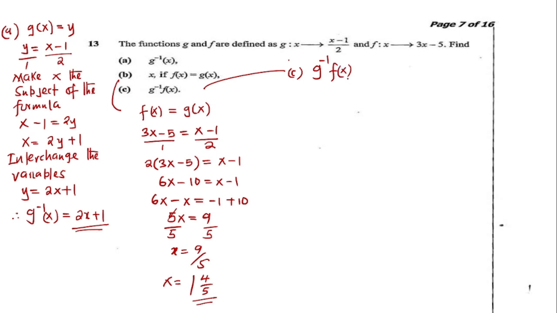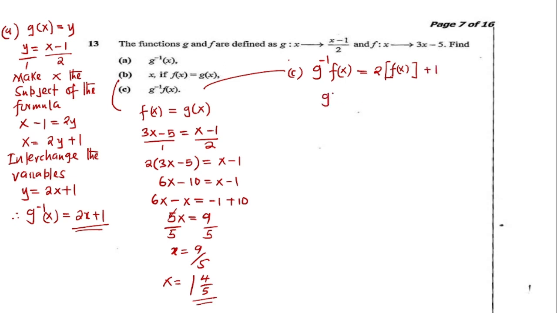So that means we're going to get the function for f and substitute where there is x in the function for the inverse of g. Since the function for the inverse of g was 2x plus 1, we write 2, then we put the function for f there, then plus 1.